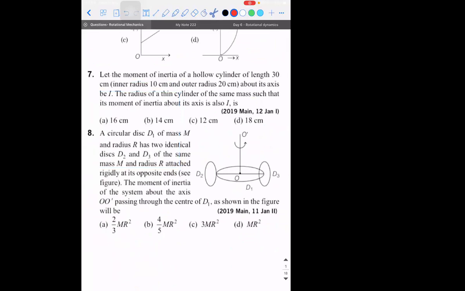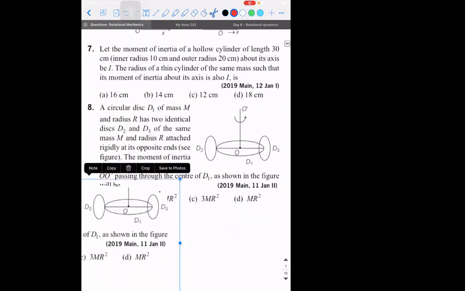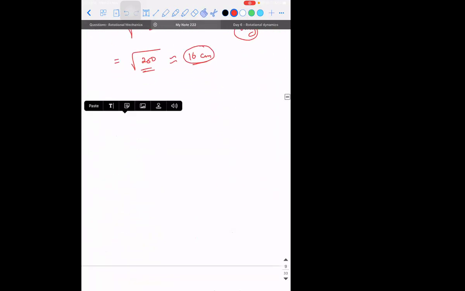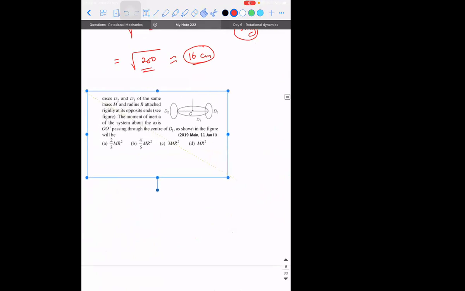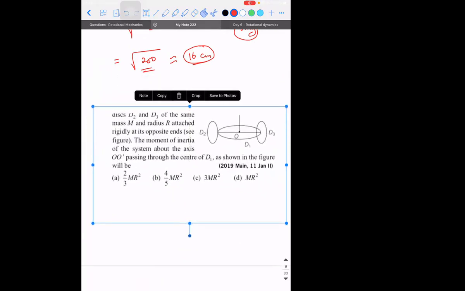So let's do one more problem, then we'll move to the next topic. Is there anything I'm missing?